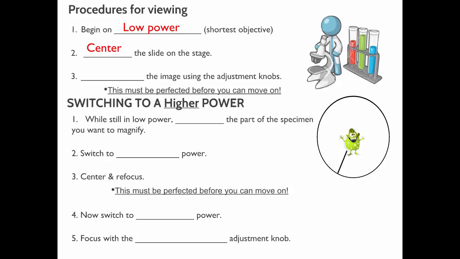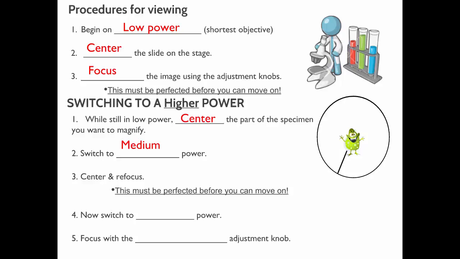Okay? All right. So often then, we want to switch to a higher power. We want to zoom in further and use a greater magnification. So while I'm still in low power, first I make sure what I want to see is centered. It's right in the middle of my field of view. Then I leave everything the way it is. It's in focus, it's centered.